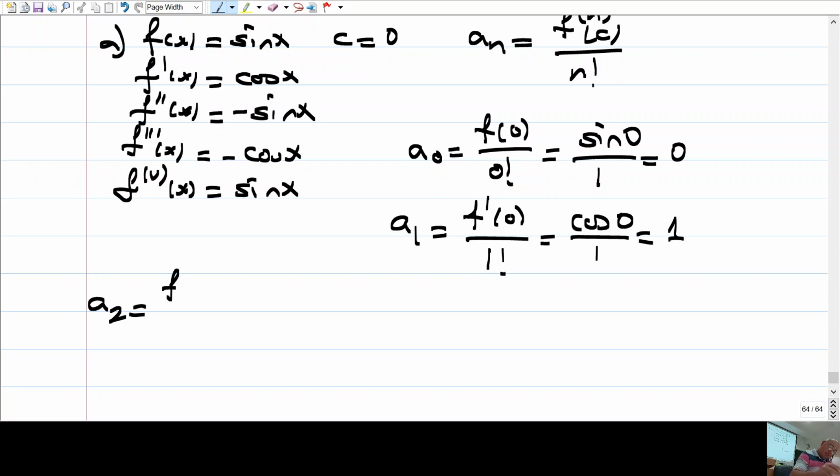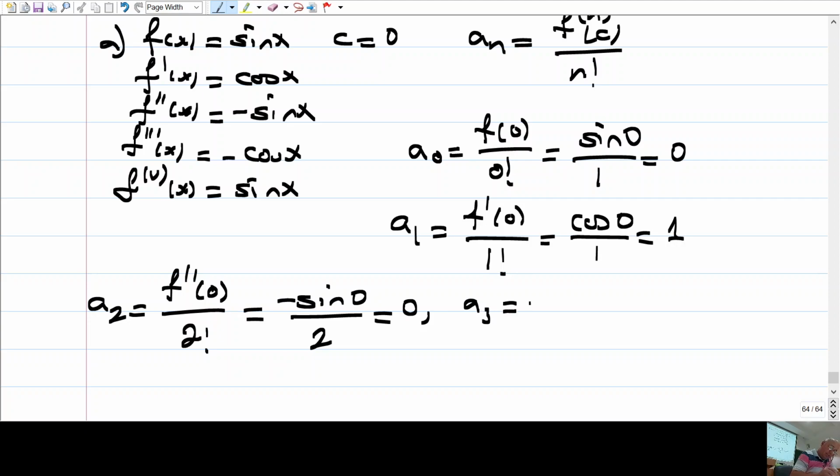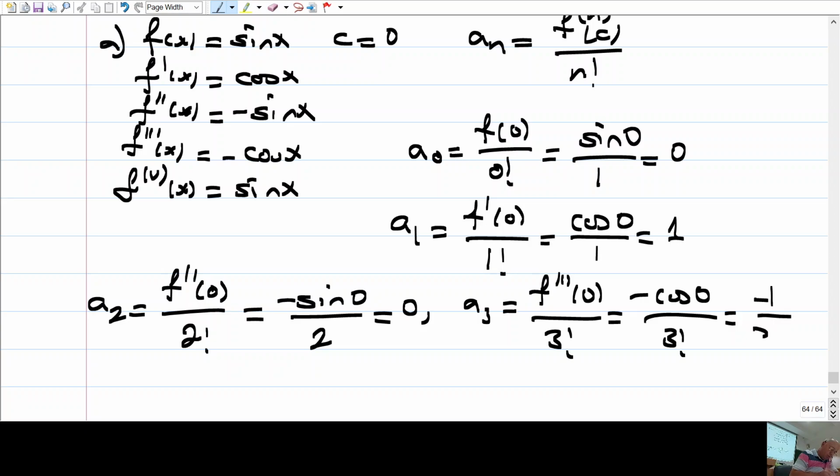A2 is second derivative of f at 0 divided by 2 factorial. Second derivative is minus sine 0 divided by 2 factorial, so this is again 0. A3 is third derivative of f at 0 divided by 3 factorial. This is minus cosine 0 divided by 3 factorial, so it is just minus 1 over 3 factorial.